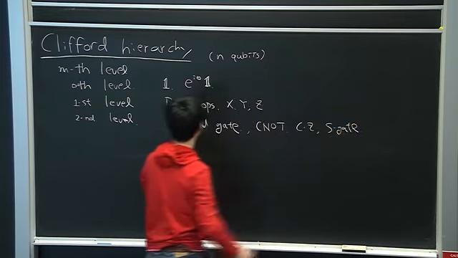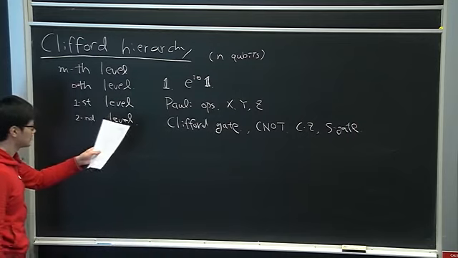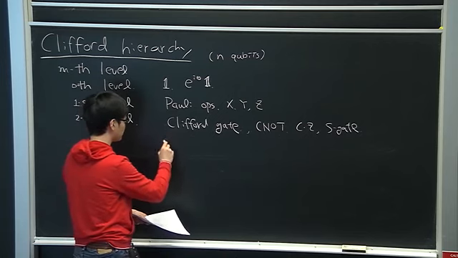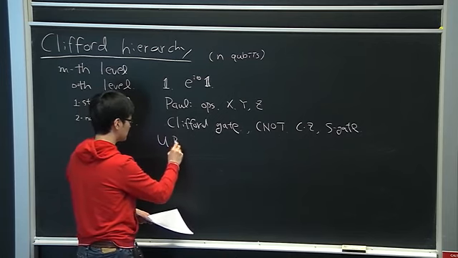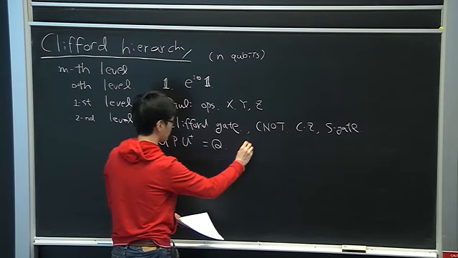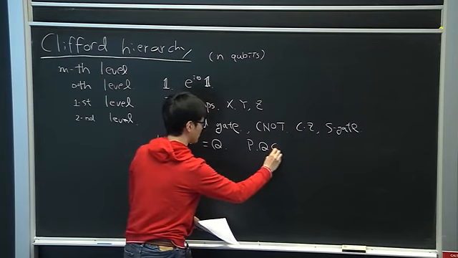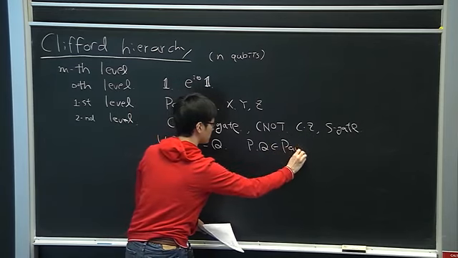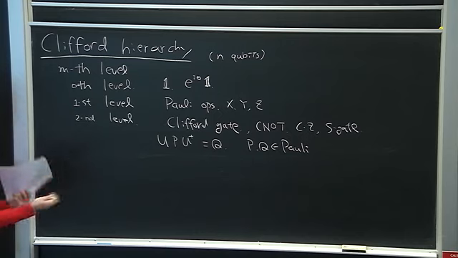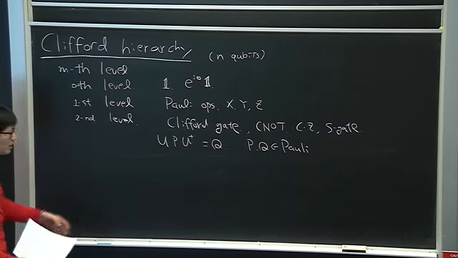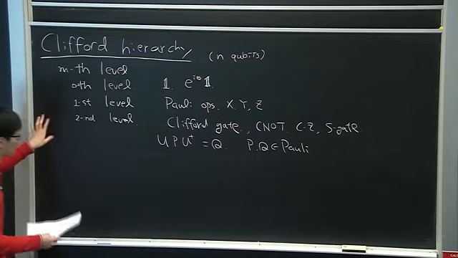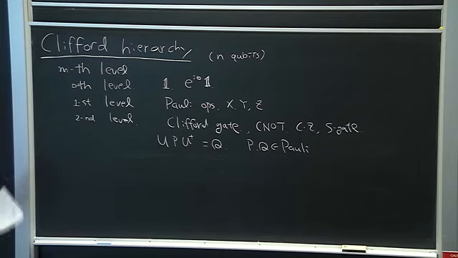Just to recap, a Clifford gate is an operator which maps some Pauli operator P into some Pauli operator Q. The point is this P and Q could be different, so it's a kind of permutation of Pauli operators, up to some phases. Phases are not that important at this point.